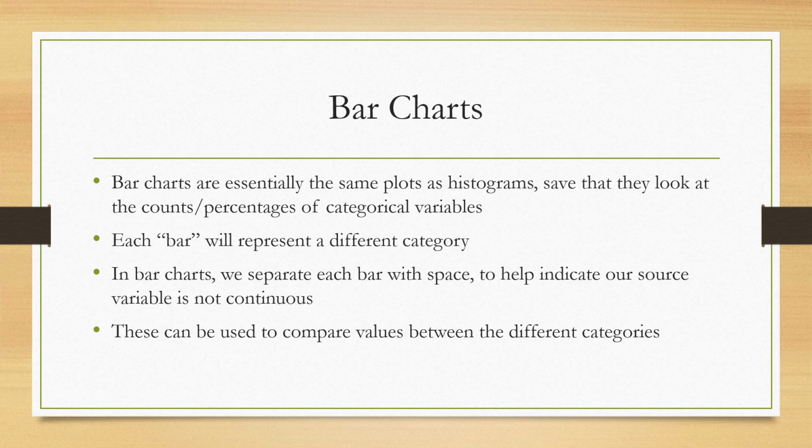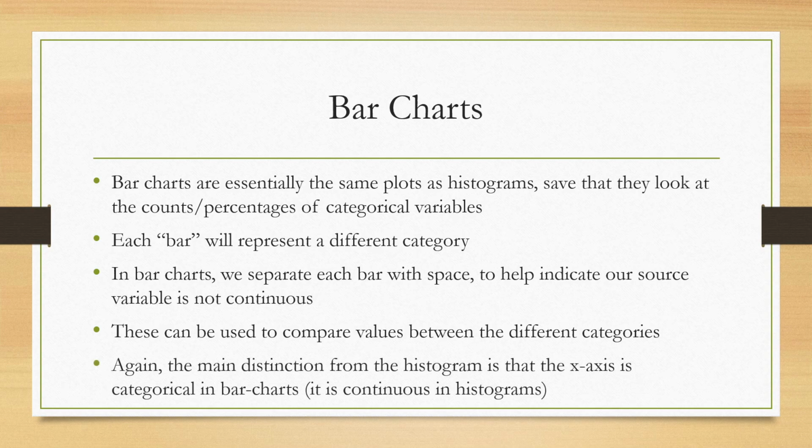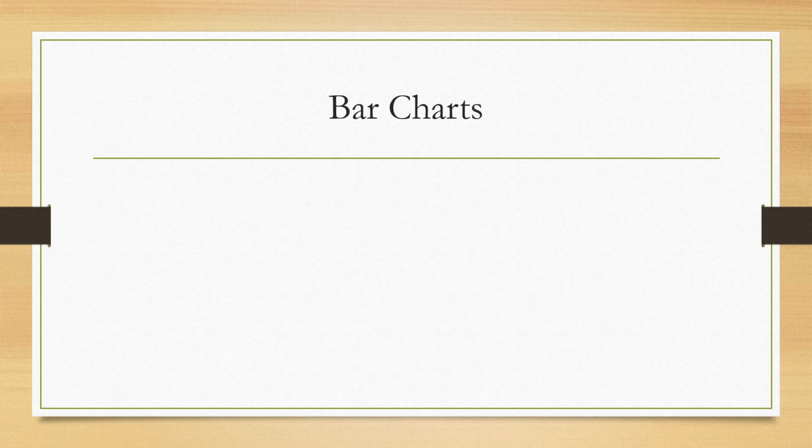Bar charts are really useful at comparing values between different categories. And we'll have some cool stuff we can do with them that we're going to talk about in just a moment. And again, the main distinction is ultimately that x-axis: it's categorical with bar charts and continuous in histograms.